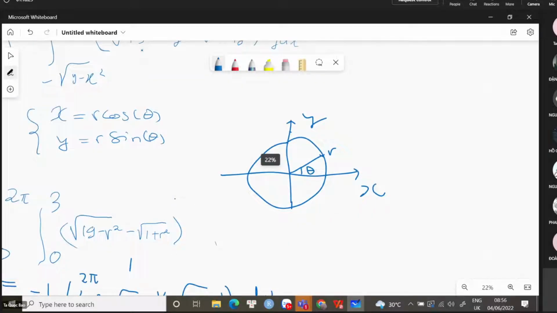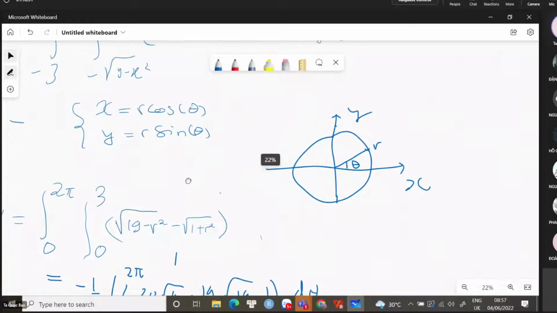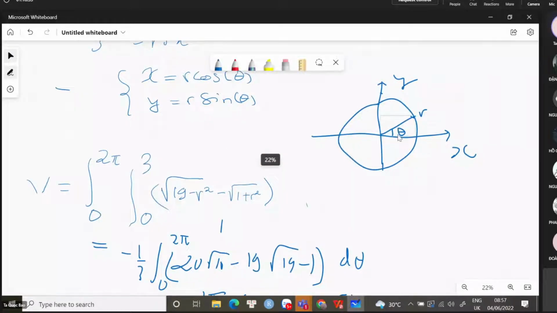Therefore, theta is from 0 to 2 pi, right? Understand?